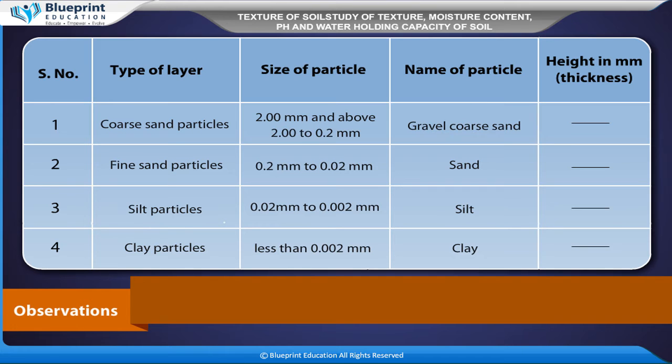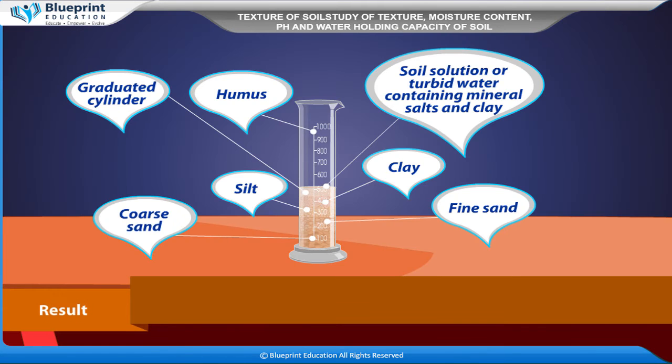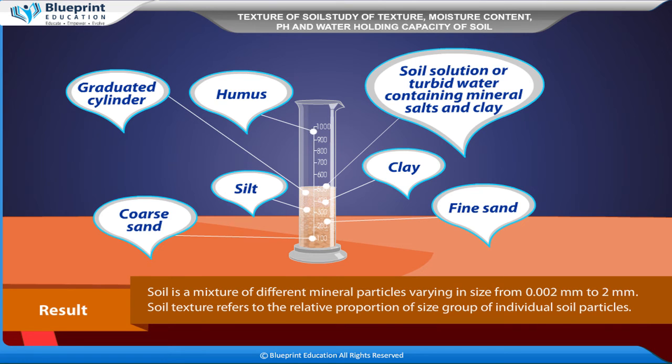Sand, silt particles 0.02 mm to 0.002 mm. Silt, clay particles less than 0.002 mm. Clay. Result: soil is a mixture of different mineral particles varying in size from 0.002 mm to 2 mm.